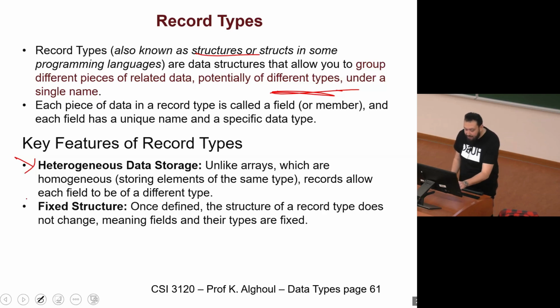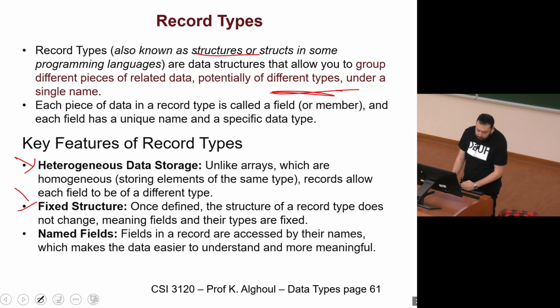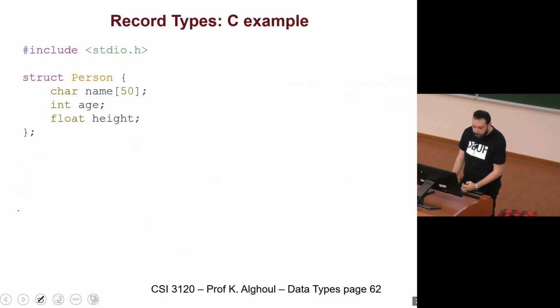Another thing is that it has a fixed structure. Once defined, the structure of a record type does not change. Named fields in a record are accessed by their name. So in C, as you can see here, we have the struct. It's already ready for you. You can use it. You say struct name, and then you have different types inside it. It's a very, very useful thing to have.